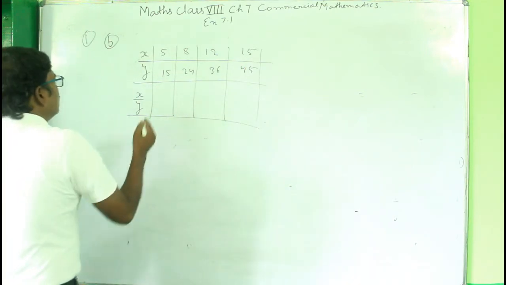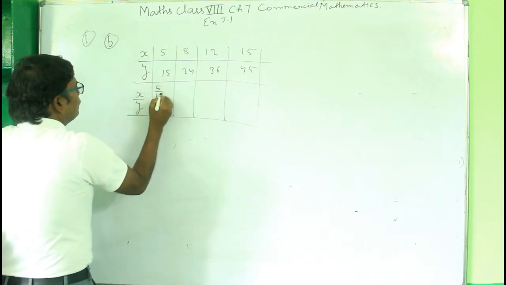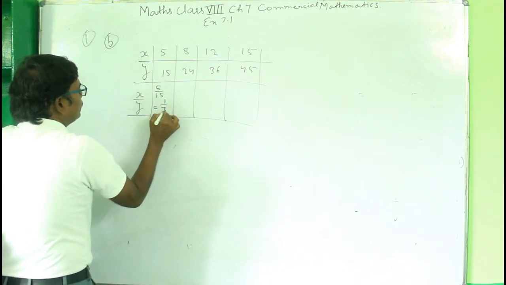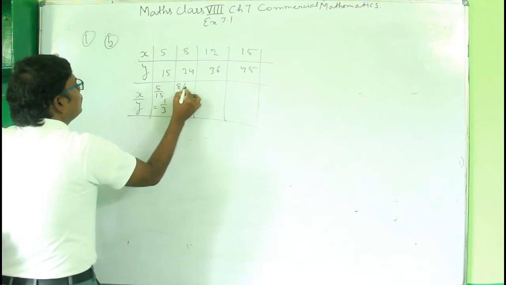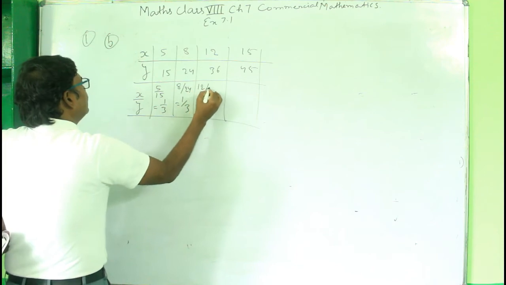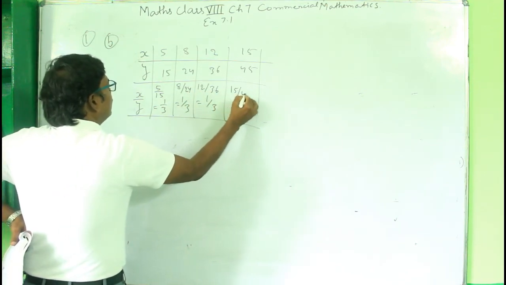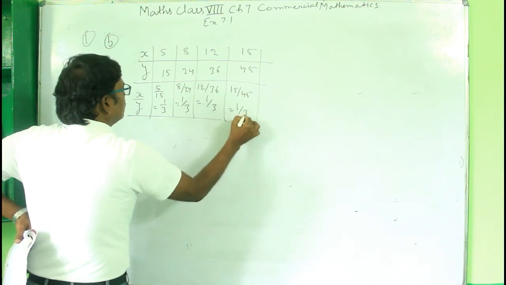Now see here, 5 by 15 is equal to 1 by 3. And 8 by 24 equals 1 by 3 again. And 12 by 36 equals 1 by 3 again. And 15 by 45 equals 1 by 3 again.